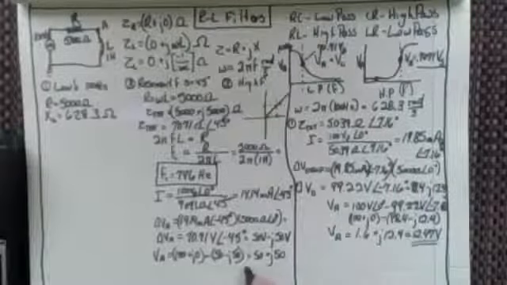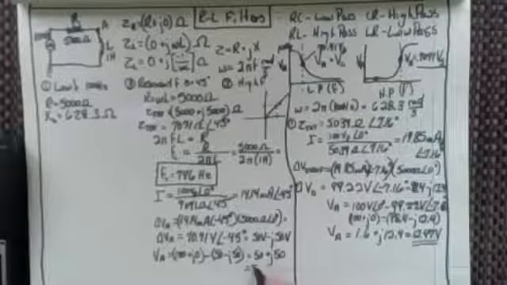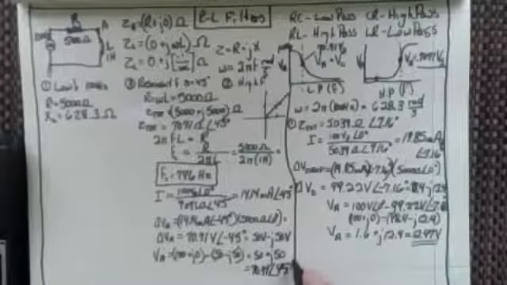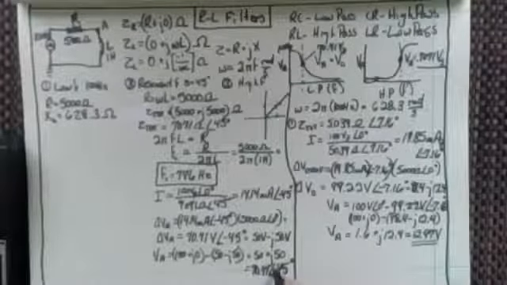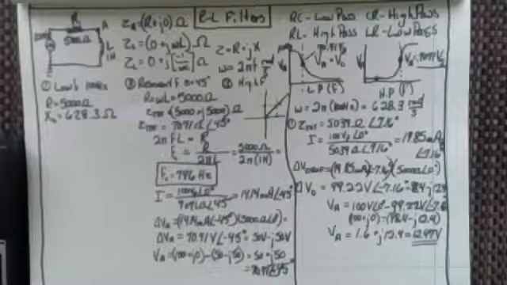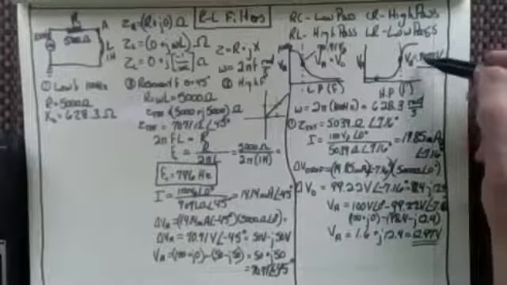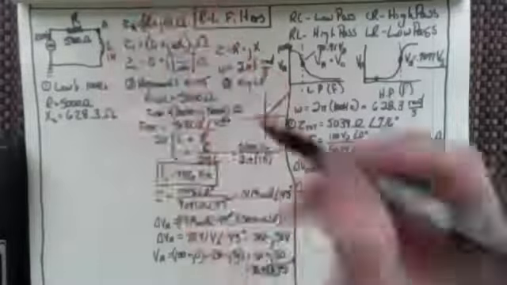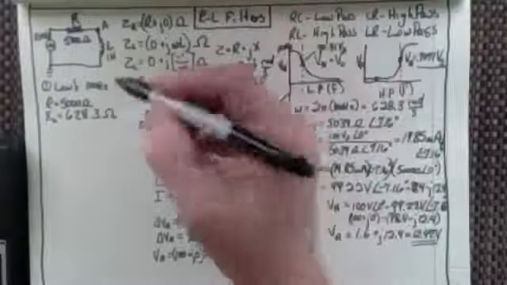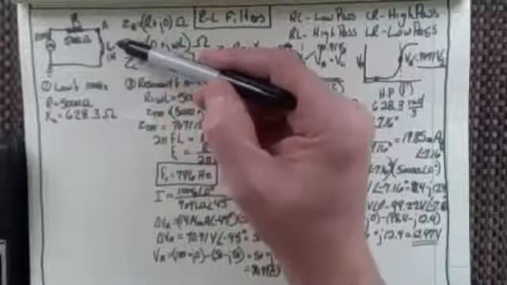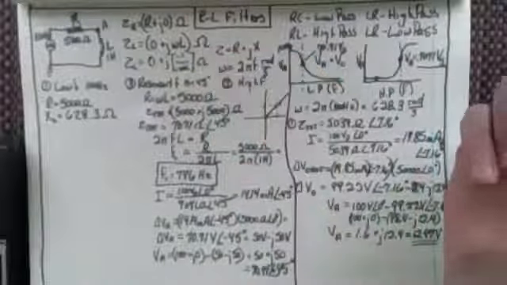So we could write it like that, or we could write it as 70.71 at an angle of plus 45 degrees. So yes, we have 70.71 volts right at point A, just like I said we were going to, and that's at the frequency at which the resistance in the resistor equals the reactance in the inductor. And so there you go.